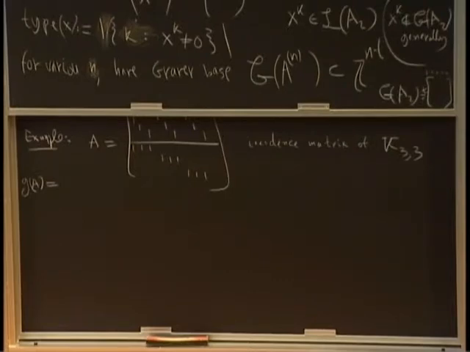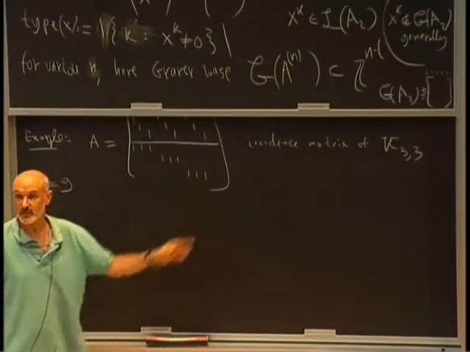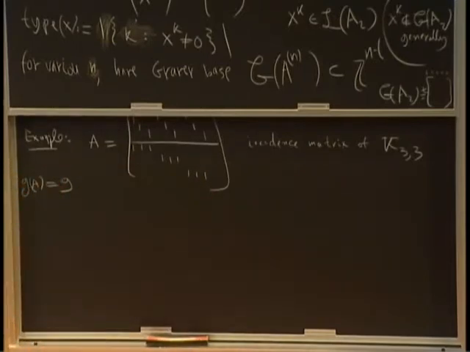So what is the Graver complexity here? Well, it turns out this is 9. 9 has nothing to do with the fact that there are 9 columns. This is a complete coincidence. So don't be misled by quick conjectures. I mean, it's much more complicated than that. So I'll say more about this later.